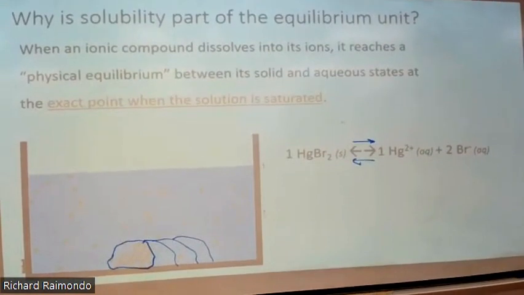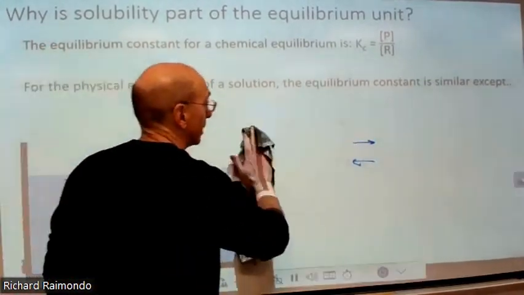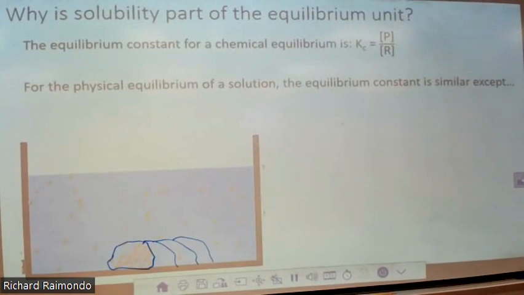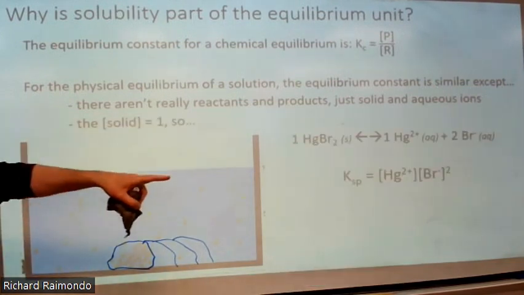Cool. All right. So when we talk about solubility, we can write an equilibrium constant for that expression. We kind of did that at the beginning, but we know K sub C is products over reactants. If we're talking about solubility, then since there are really no reactants or products, we write it like this, right?